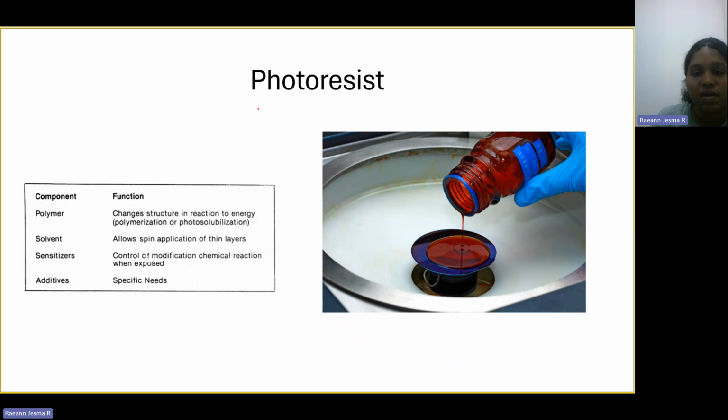This intermediate layer is photosensitive. Here you can see how a photoresist looks. This photoresist is composed of various components such as polymer, solvent, sensitizers, and additives. The polymer is the main component.